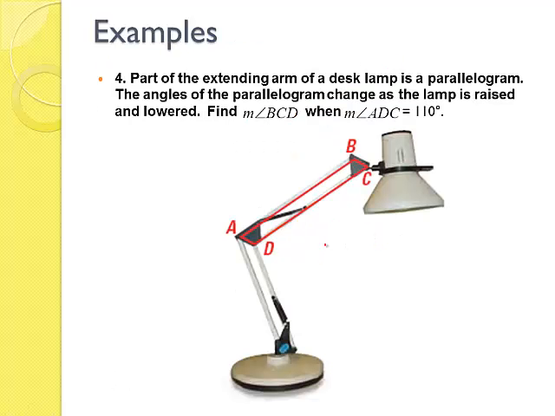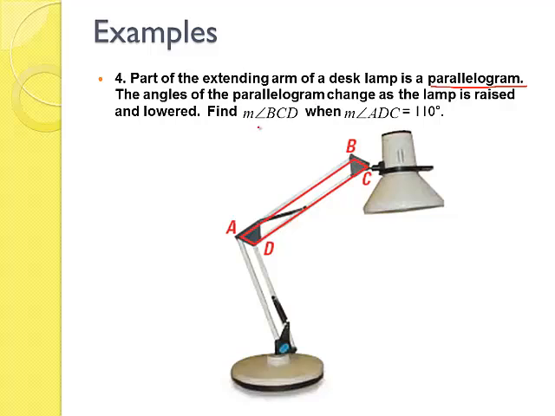Okay, so part of the extending arm of a desk lamp is a parallelogram. I tell you it's a parallelogram, so that means everything that we know about a parallelogram holds true. Opposite sides are congruent. Opposite sides are parallel. Opposite angles are congruent. Diagonals bisect each other. The angles of a parallelogram change as the lamp is raised and lowered.